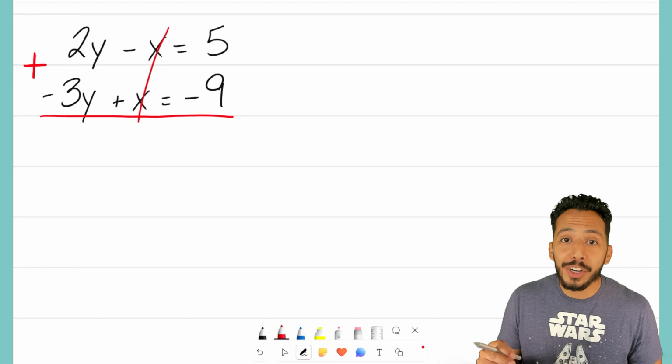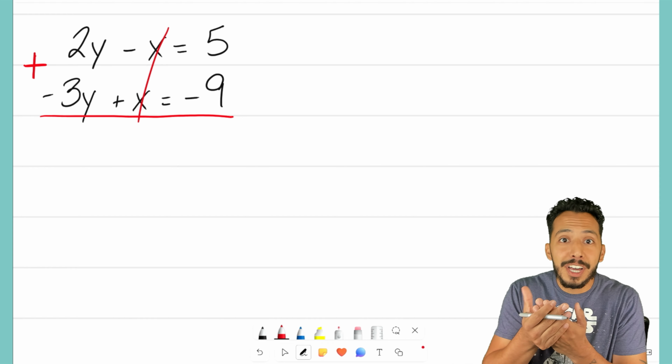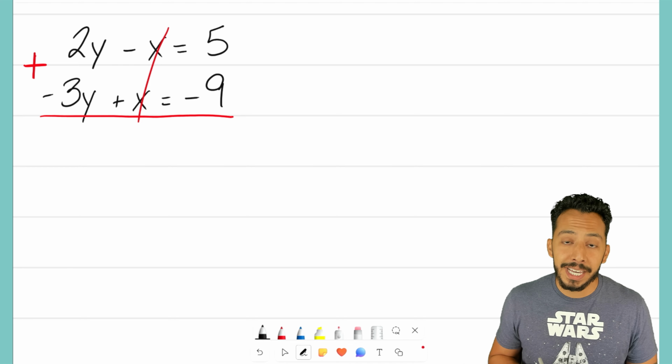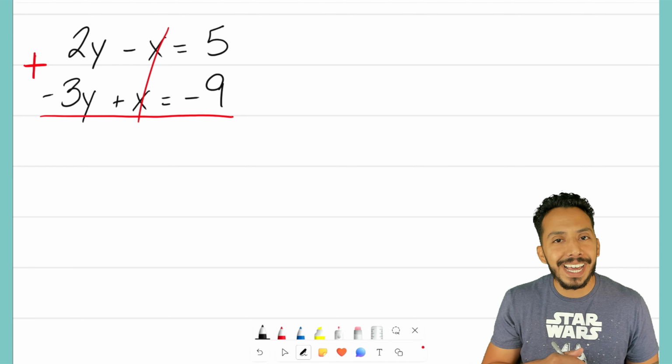We have zero x's. That variable is eliminated. That's the whole point of the elimination method: you want one variable to eliminate, and that variable x is now eliminated.